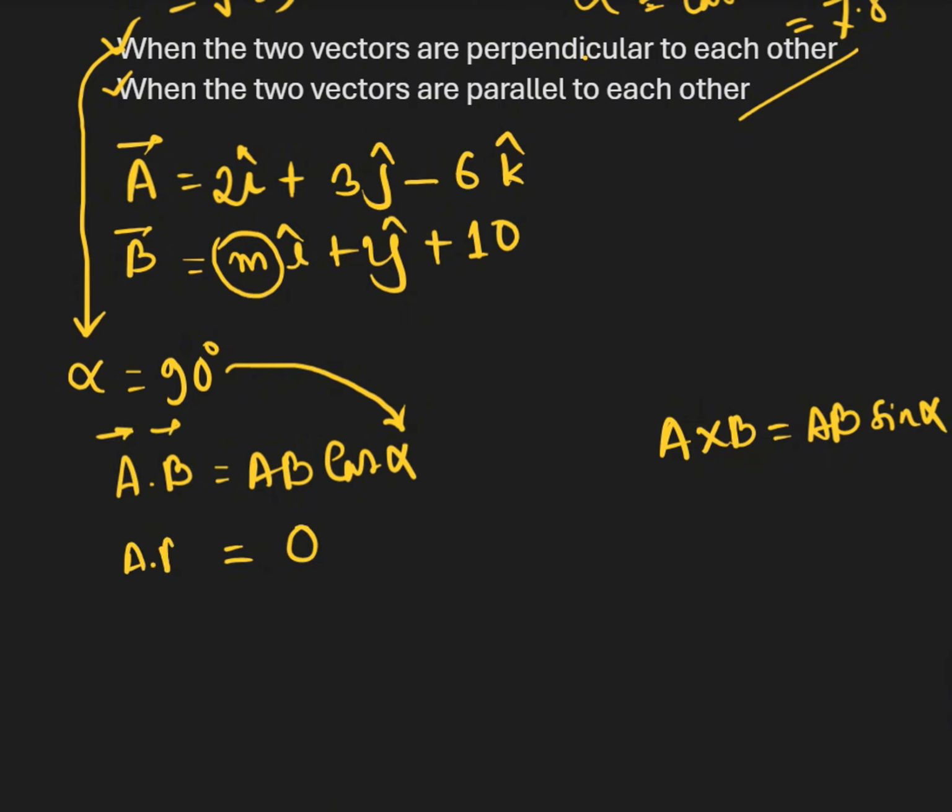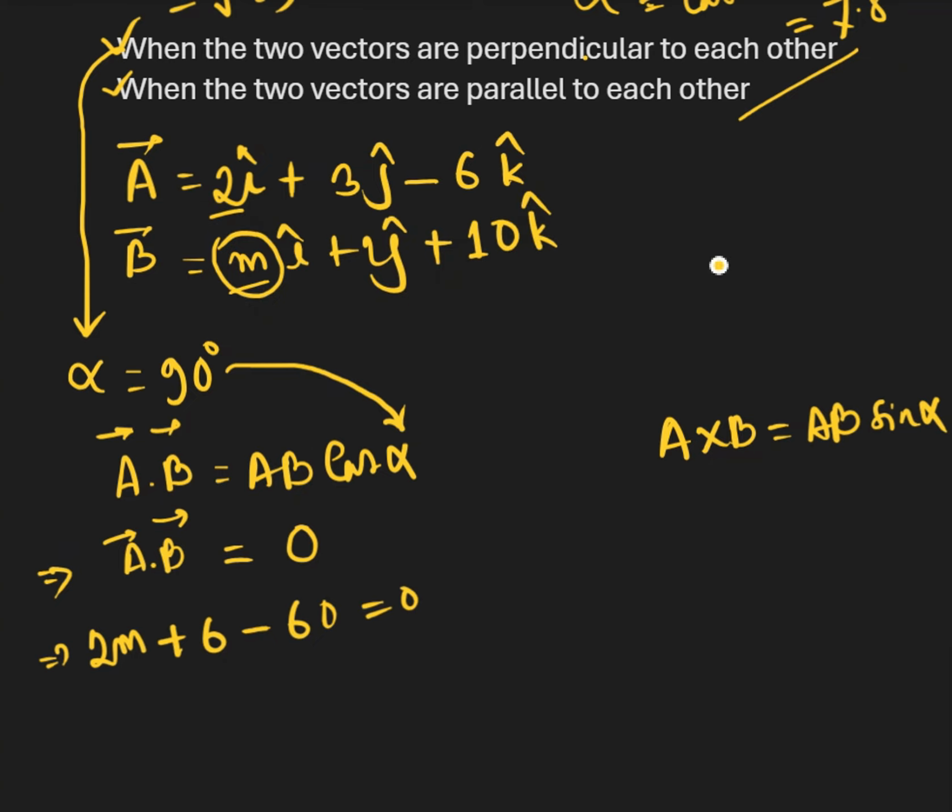So a dot b is equal to 0 because cos 90 is equal to 0. So what will be the value of a dot b? We multiply 2 with m because i dot i is 1, so it will be 2m plus 6 minus 60 is equal to 0, and obviously i dot j or i dot k will be 0.